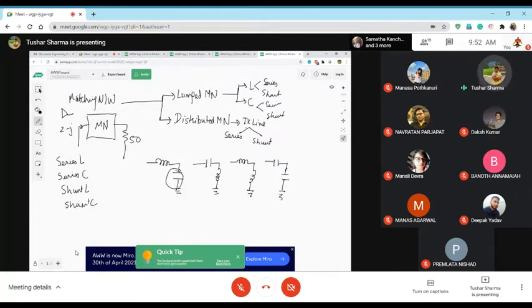This is shunt C, this is shunt L. So when it is series L, your impedance is j omega L, right? Shunt C, it's 1 over j omega C, which is minus j over omega C.